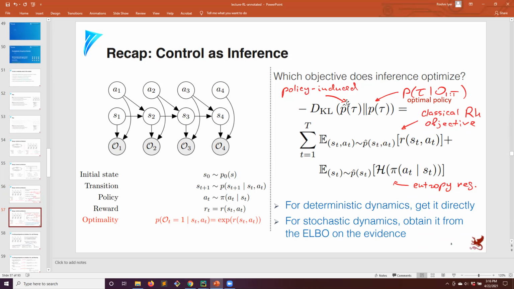And we call this P hat the policy induced. And this part, we can rewrite as tau given the optimality variables as the optimality policy. And we saw that it is in the form of this standard RL objective, and then we have this entropy of the actions.